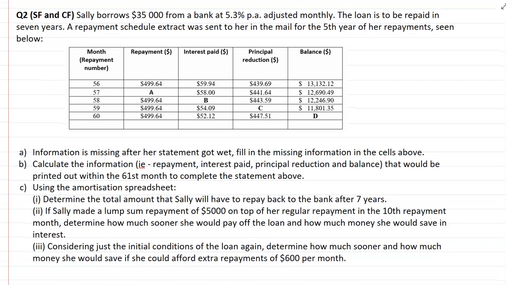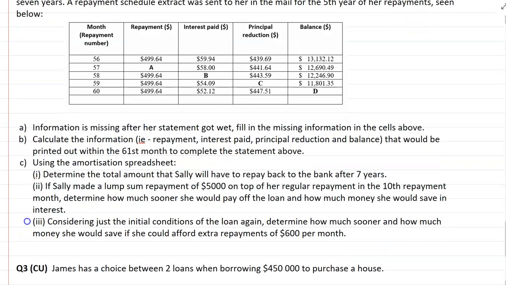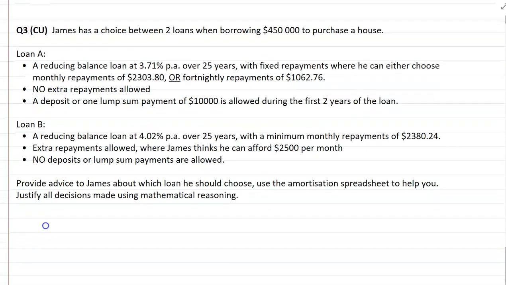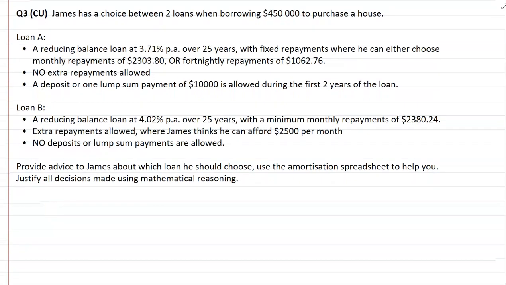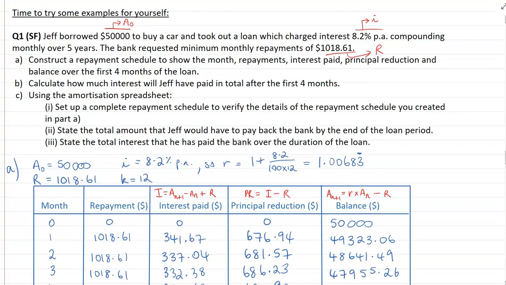Now this should take you a good half hour to get through these 3 questions. So after you finish having a go, continue on with the video and I'll take you through my solutions to the questions. Okay, press pause and have a go. Okay, how did you go?